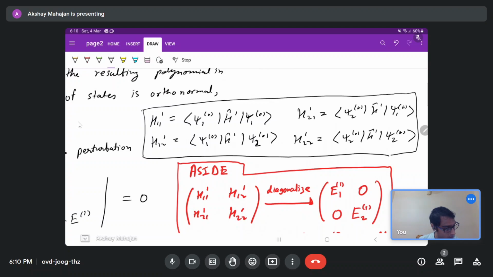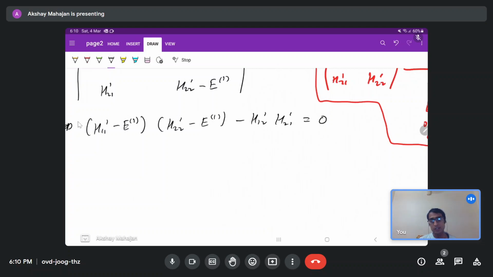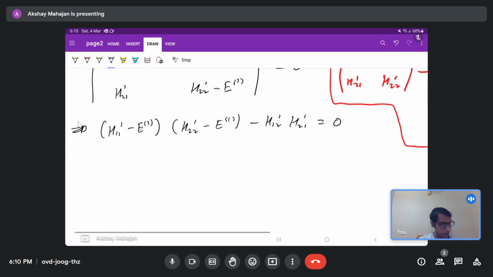right? So this is for a general case. This matrix element will depend on whatever your perturbation and the wave functions are. So this is for a general case how we would solve.